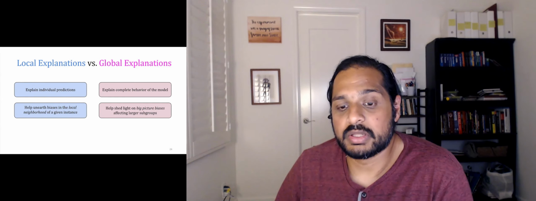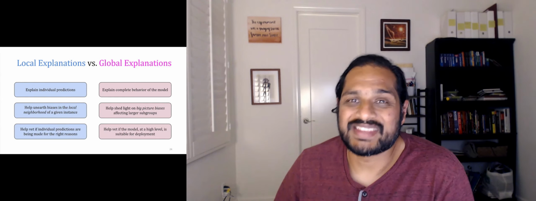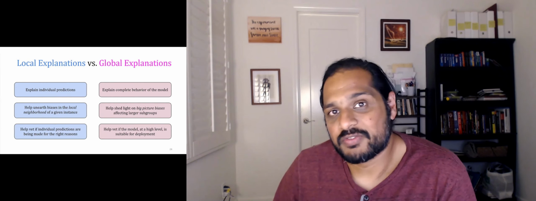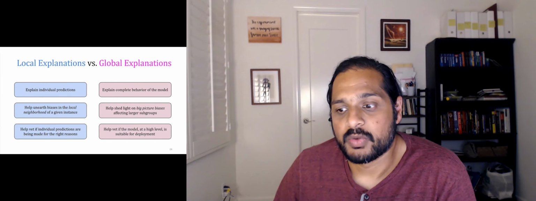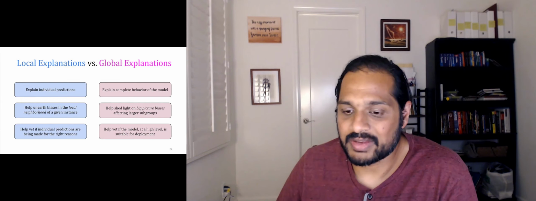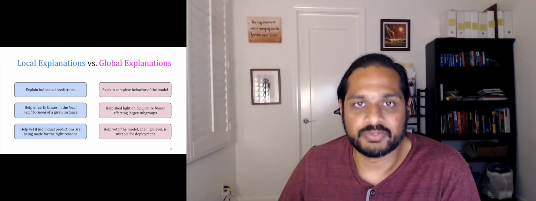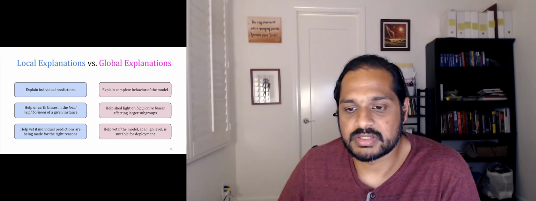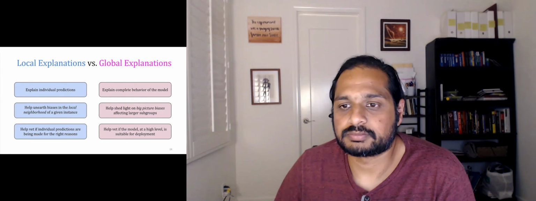And finally, local explanations can be used to vet if individual predictions are being made for the right reasons, whereas global explanations can help you vet the whole model at a very high level. Is it suitable for deployment or not? Is it doing everything for the right reasons?